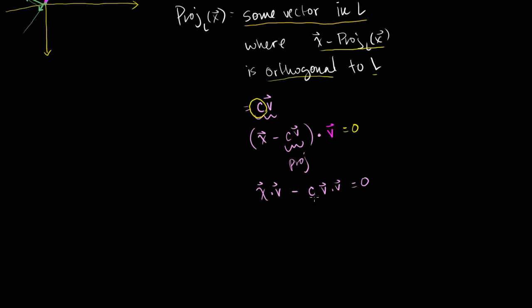Let's add c times v dot v to both sides of the equation, and you get x dot v is equal to c times v dot v.